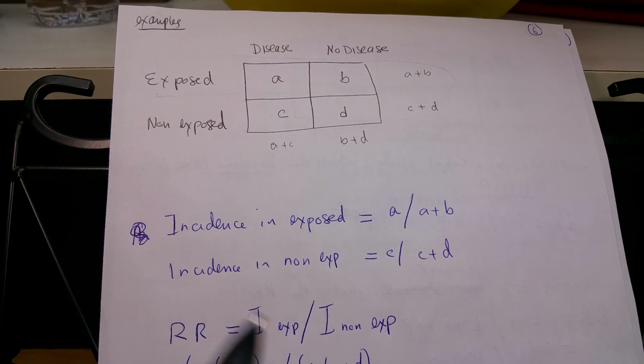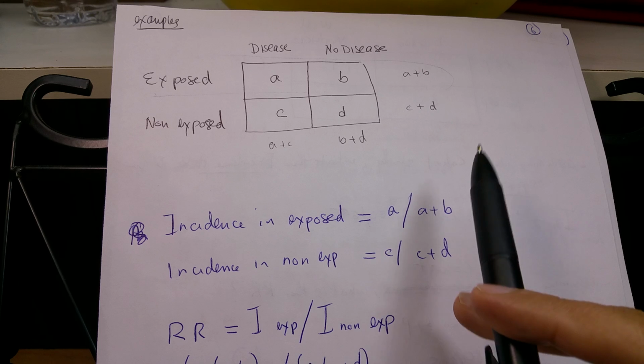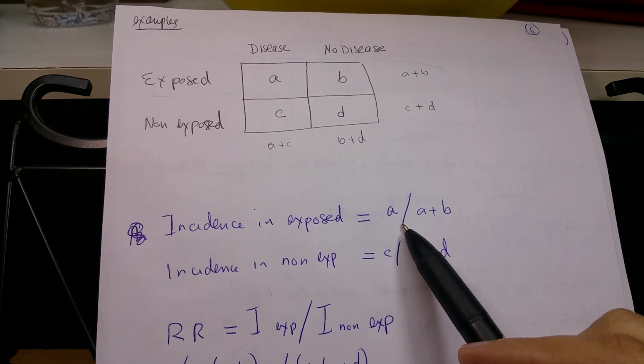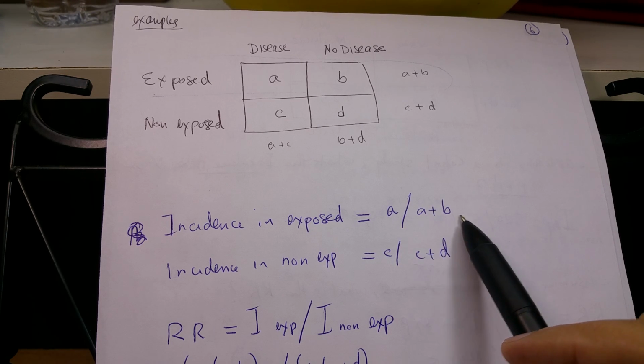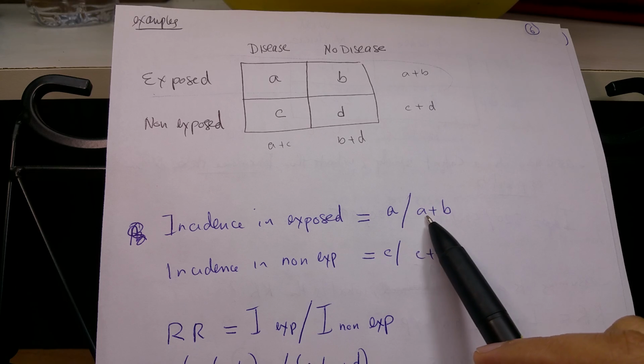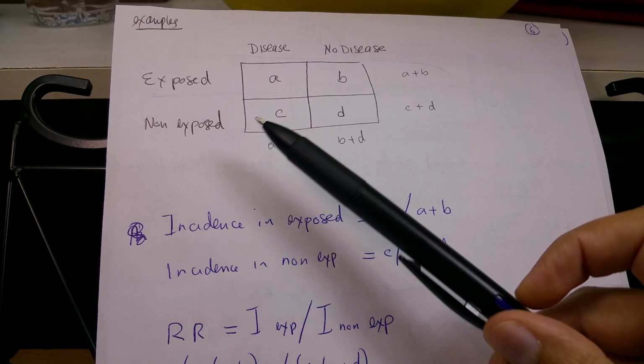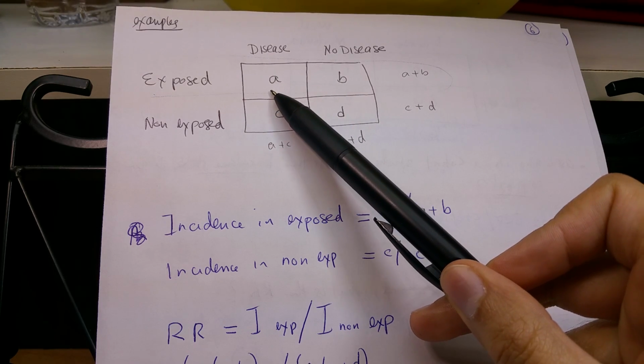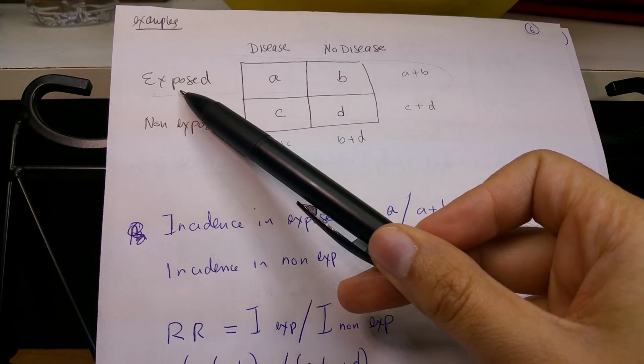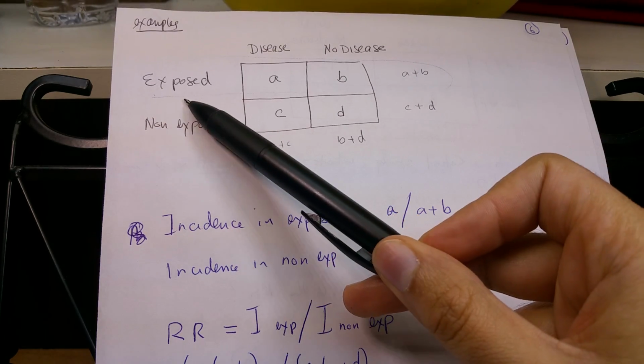So, as we said, A is people with the disease divided by people at risk of getting the disease because they're exposed. They ask for incidence in exposed.